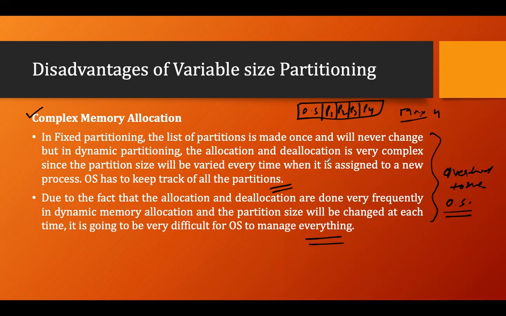Because it is not fixed here, the number of processes could be anything, and the partition size may also be varied based on the process size. So this is the extra thing that an operating system has to do all the time. That's why this is the disadvantage of variable size partition.